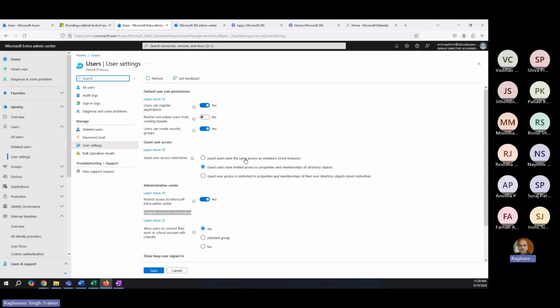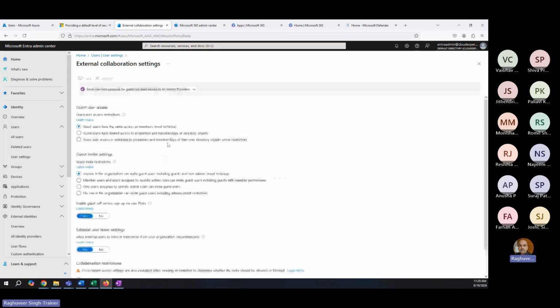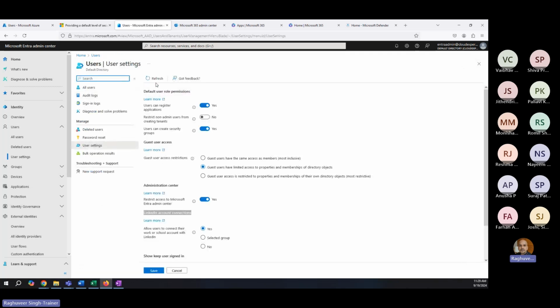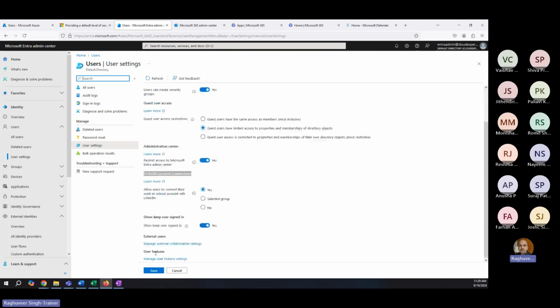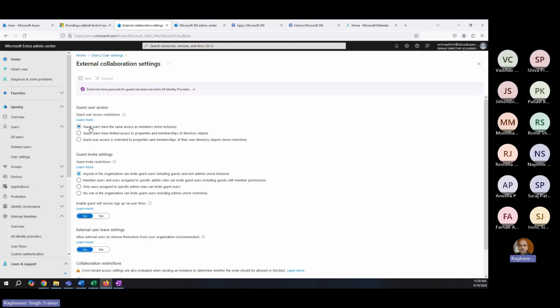For example, these three checkboxes. It's already there here. We have already selected, but you also see them here. I have selected, but I have not yet saved that setting. That's the reason when I go to the manage external collaborations, it is still coming to default.